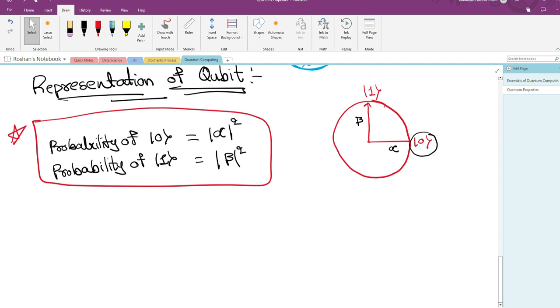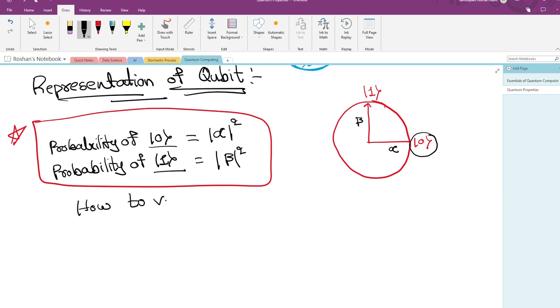Next, you may have a doubt: suppose we have an error and we think the values of the probability are wrong, how do we verify? In such scenarios, you can verify your answer. The condition is mod alpha square plus mod beta square should be equal to 1.